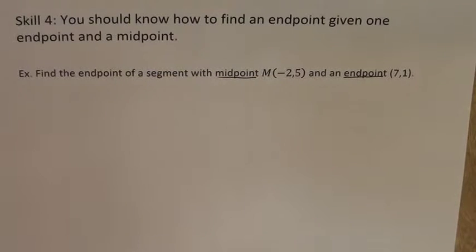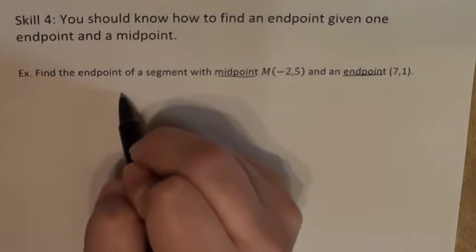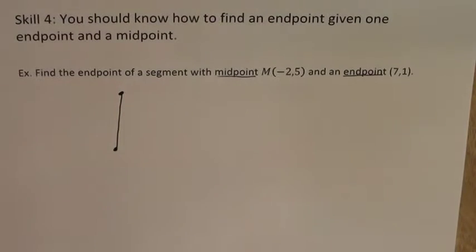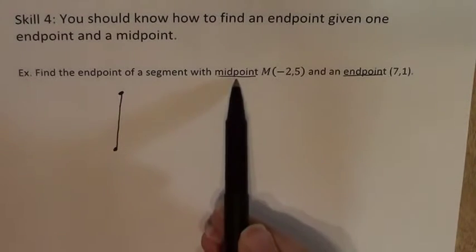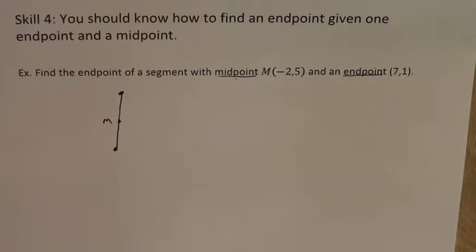So you can use the formula and do some algebra, or you can set it up like this. If you have a line segment, for example there, where does the midpoint go? Well, the midpoint goes in the middle somewhere.